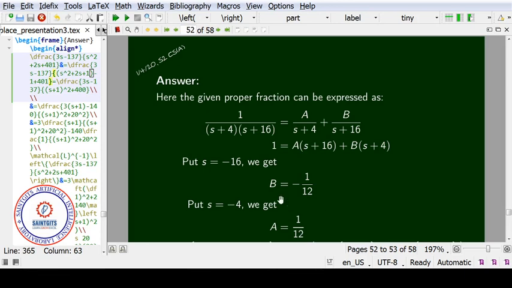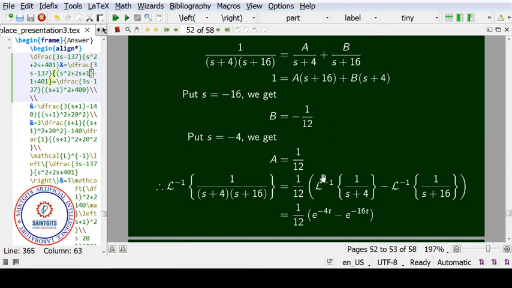Now we substitute A and B here. So 1 by (s plus 4) into (s plus 16) is equal to A, and A is 1 by 12, so 1 by 12 into 1 by (s plus 4), plus B, which is minus 1 by 12, so minus 1 by 12 into 1 by (s plus 16). That is the next step. Here the magnitude is 1 by 12, so we can take 1 by 12 outside.